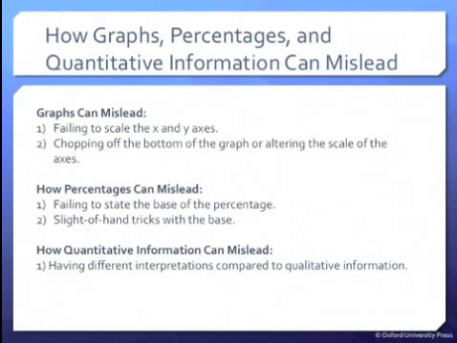The base tells us what the percentage is a percentage of. A sleight of hand trick with the base involves misrepresenting what the true or accurate base is. I will also further discuss this in a little bit. Finally, one important thing to consider about quantitative information is that quantitative information may be interpreted in different ways compared to qualitative information. I will further discuss this as well.